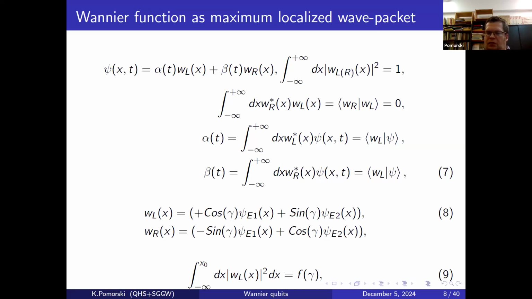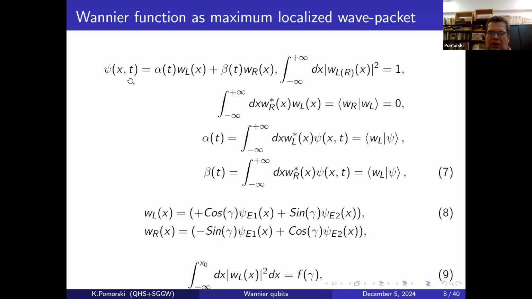Let's say we are concentrating on the left Wannier function, so we are taking the integral from minus infinity to x0. x0 is the boundary between the left and right qubit. This is usually geometrically in between, but you can arbitrarily define where logical state 0 ends and logical state 1 appears. So you specify x0, and then you try to maximize the function f of gamma given by formula number 9.